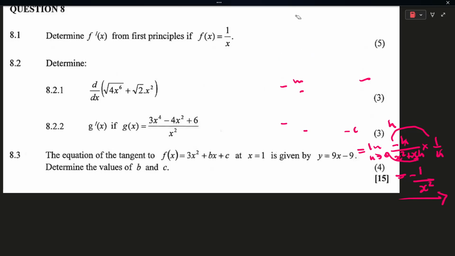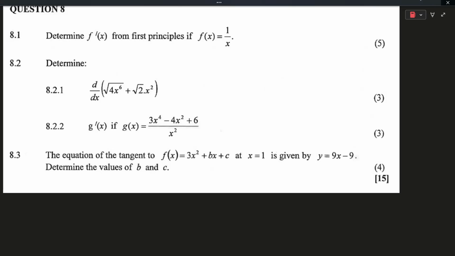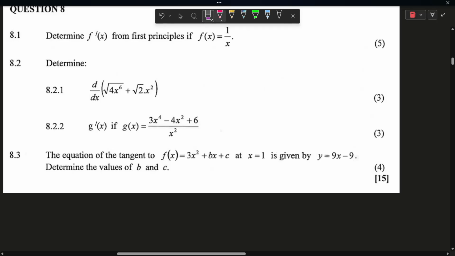The next one is determine d over dx. Right, so which means that on this question we are simply going to come here and change. That is 8.2.1. What are we going to do here, learners?